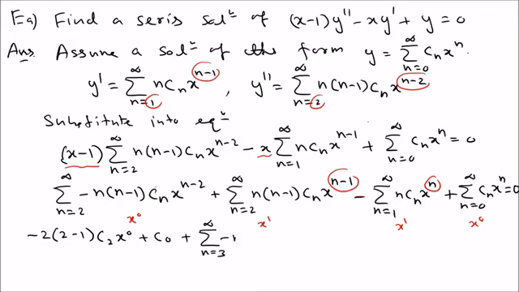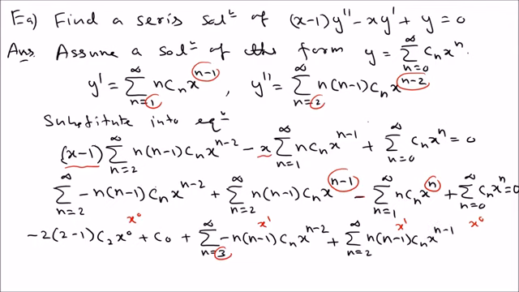So minus n minus 1 cn x to the n minus 2. No change, just the index. The next term, no change, because it's only for the uncommon term, so no changes here. Yeah, there's a lot of writing. I don't know whether there's even enough space here.